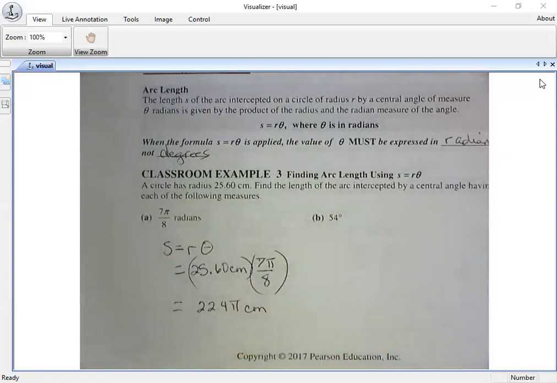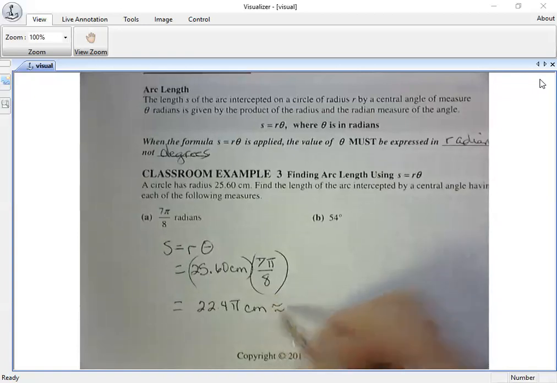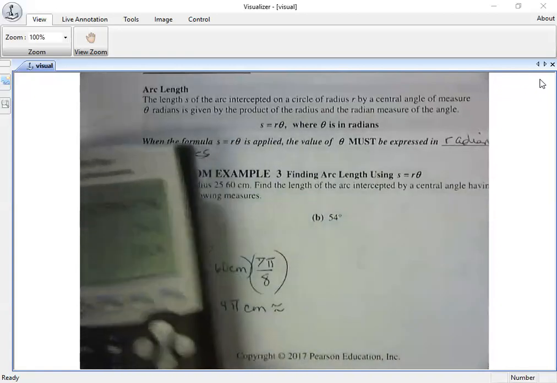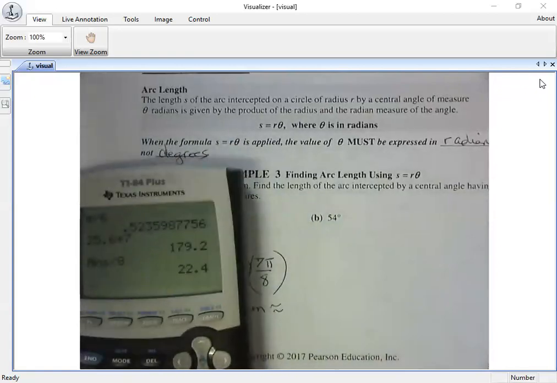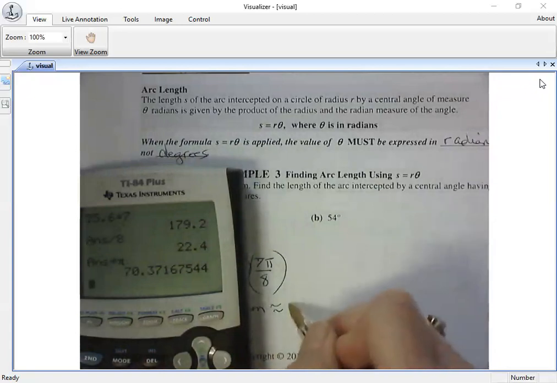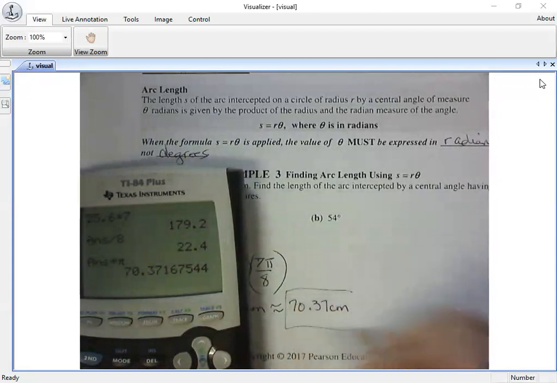So that means it's 22.4 pi centimeters for the distance of the arc, which is approximately, what would I do now? Multiply it times the pi button in the calculator. And when I do that, I would tell someone if they're trying to measure it off, it's about how many centimeters? 70.37 centimeters. Good job.